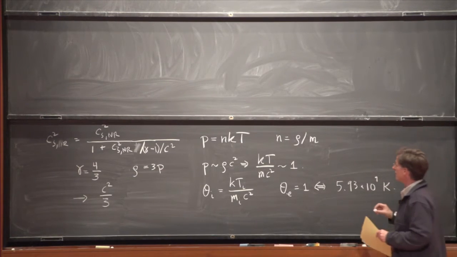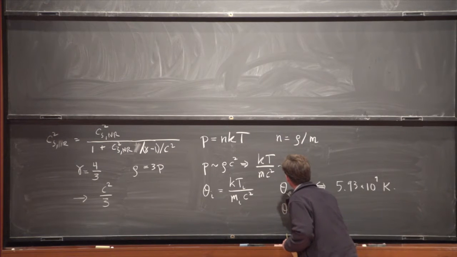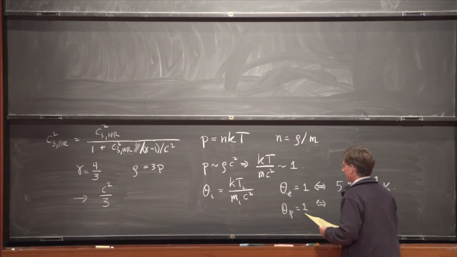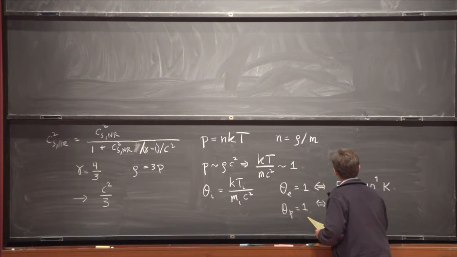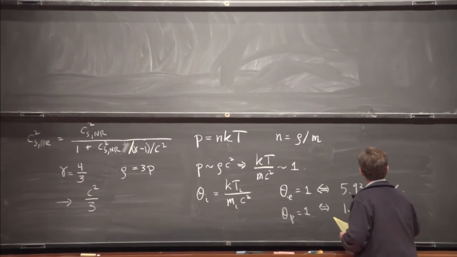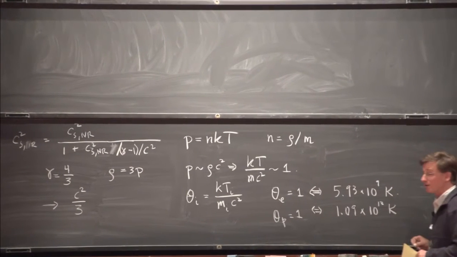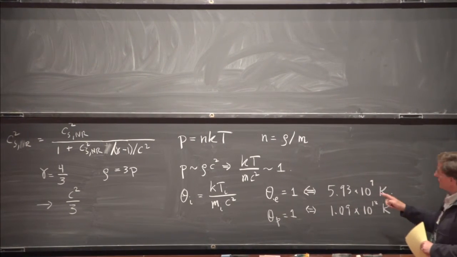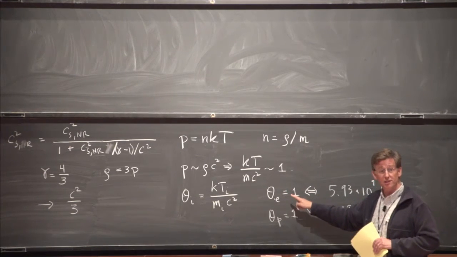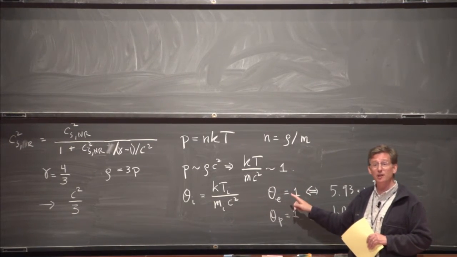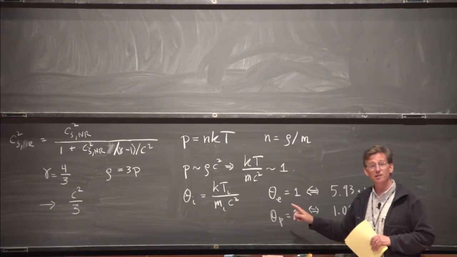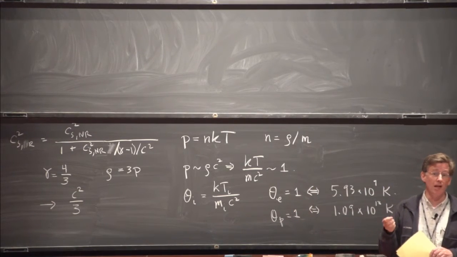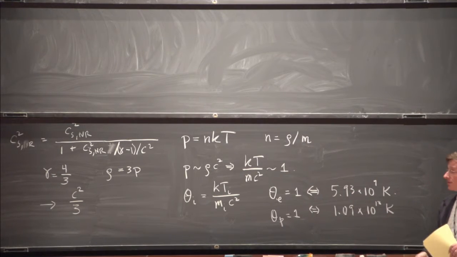And for theta_p equal to 1, the temperature in more recognizable units is about 10 to the 13 Kelvin. Okay, so this condition is commonly met in models of relativistic plasmas close to accreting black holes when the accretion rate is low.